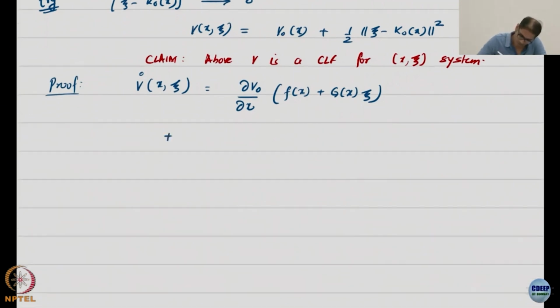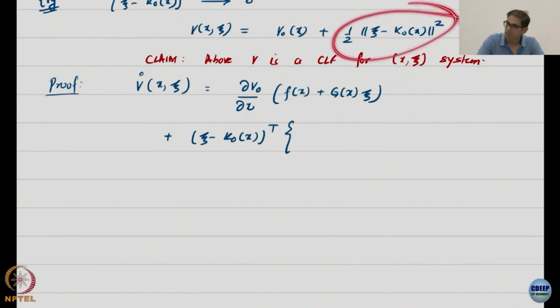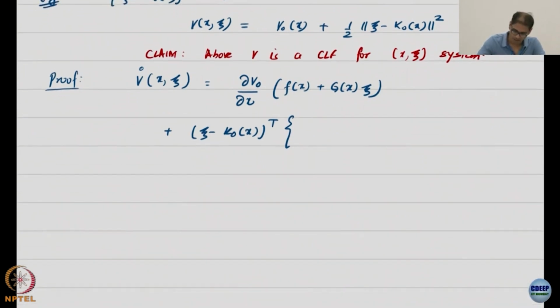Now I take the partial of the second term, right? So this will give me (psi minus k0(x)) transpose. I am assuming this is the Euclidean norm, the 2-norm. So this is just (psi minus k0) transpose (psi minus k0), right? So I am just taking the partial just like standard multivariable calculus.